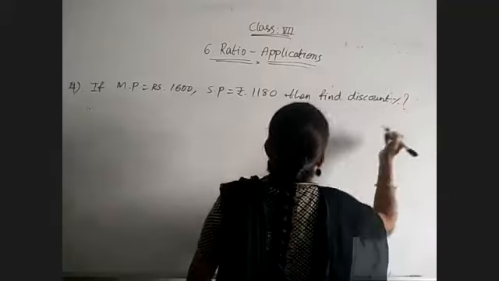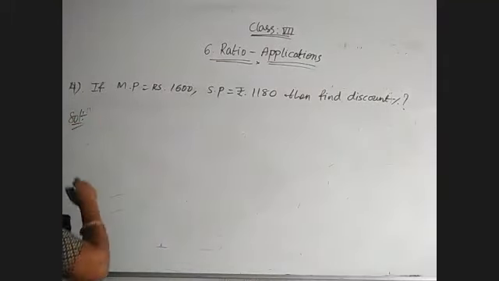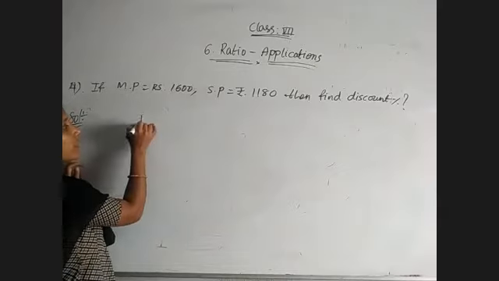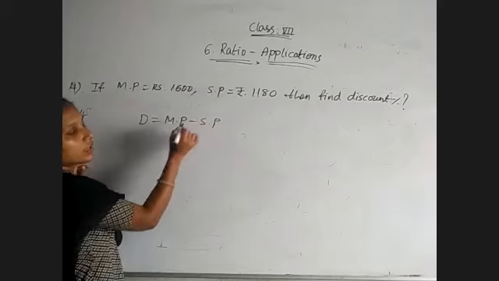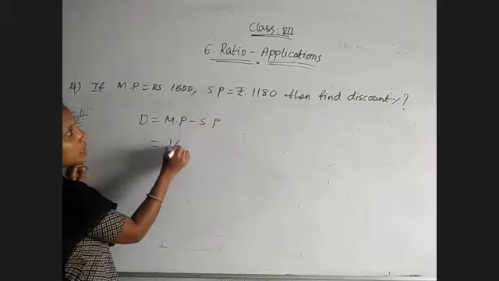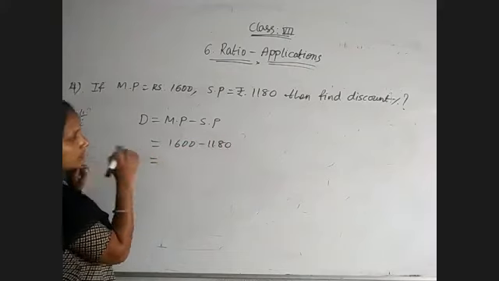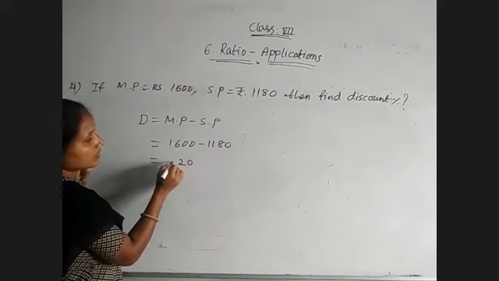So just observe here they are asking discount percentage. So first we need to find out discount, after that discount percentage. MP, SP given. So discount we can find out easily. Discount is given by MP minus SP. So that is nothing but 1600 minus 1180, 420 rupees only.